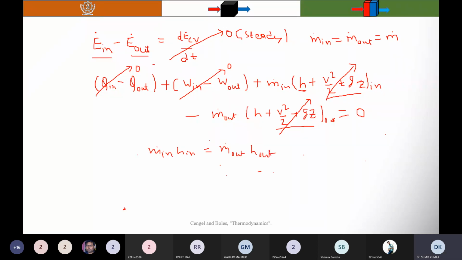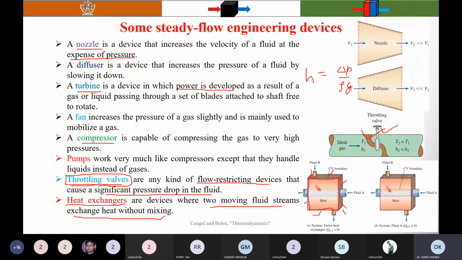Here there are multiple inlets and outlets, so we can use the summation. If you remember, when there are multiple inlets and outlets, we can use the summation, so that's why I have written the summation here. So how many inlets and outlets are there? There are 2 inlets and 2 outlets.